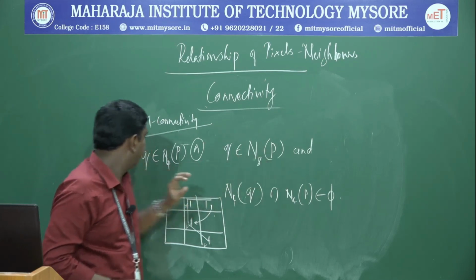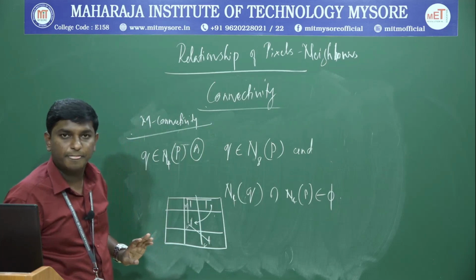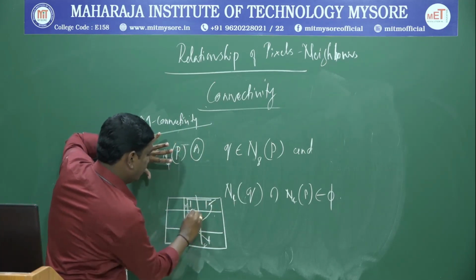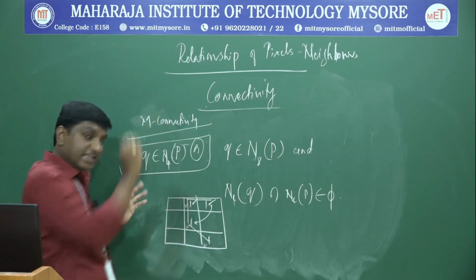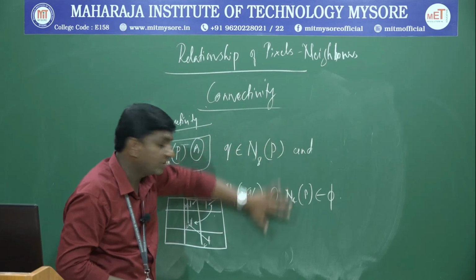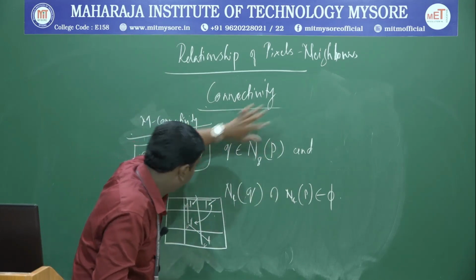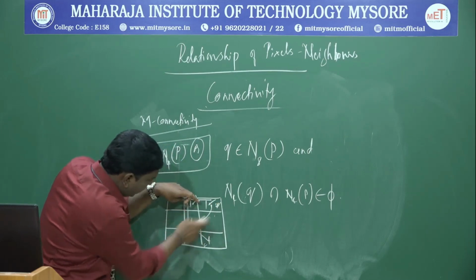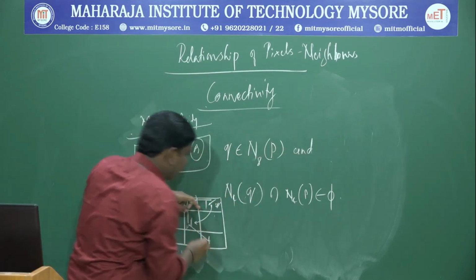What does the rule tell? It should be either this or it should be both. First one, whether it is this, yes, this one is with respect to this. This holds good. I will consider this. Next, let me see whether this also holds good or not. We should check that as well. Q belongs to N8 of P. This is Q. This is P. Okay, this belongs to N8 of Q. Yes. Now, for the move, AND operation is there.